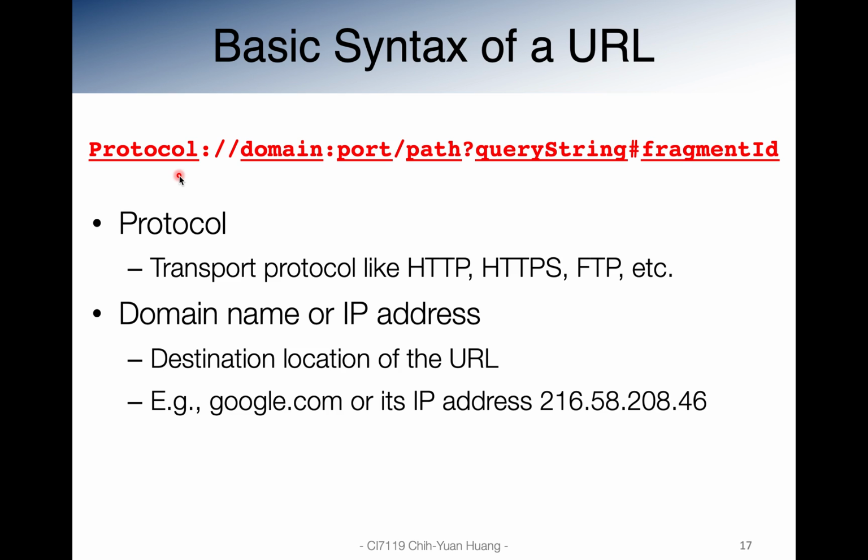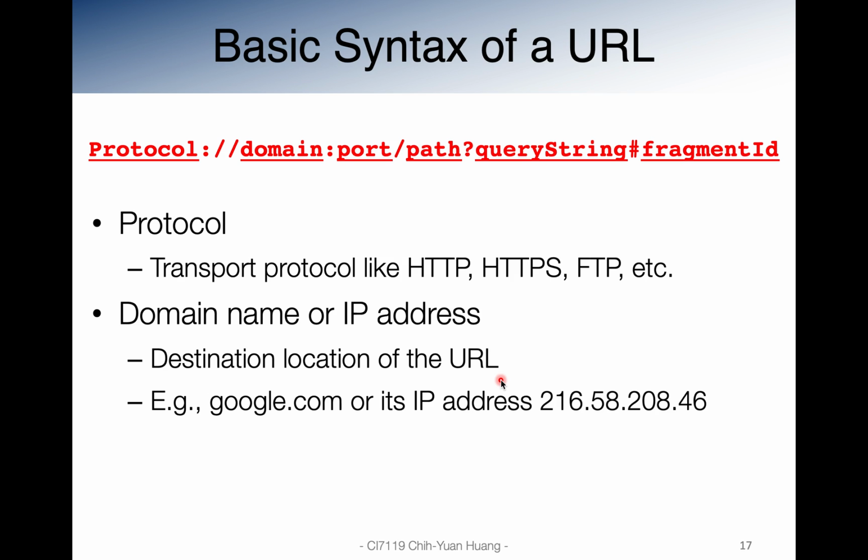Followed by the protocol, the next part is the domain name or the IP address. This part indicates the destination location of the URL. You can think of the domain name and IP address as a certain web server on the internet.